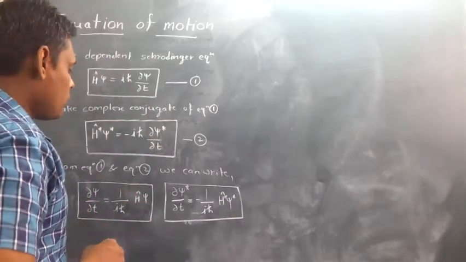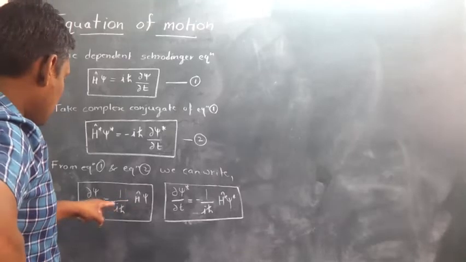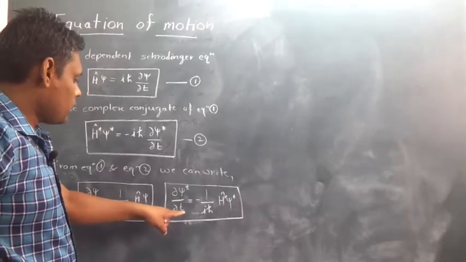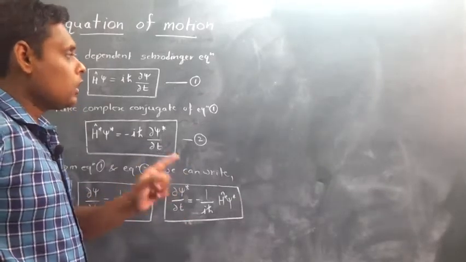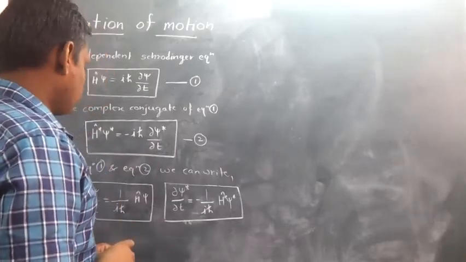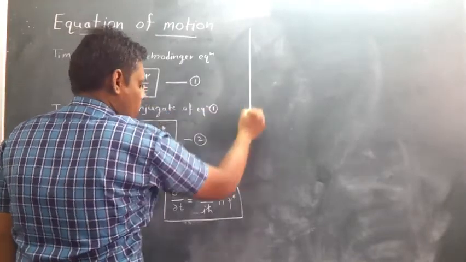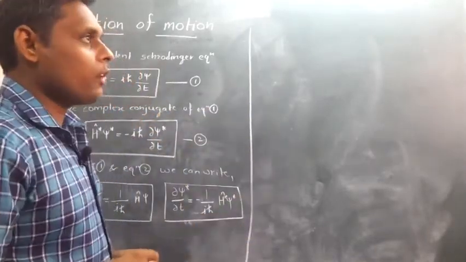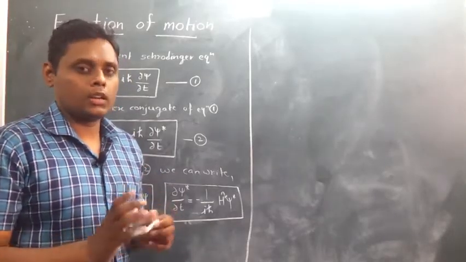Why are we evaluating delta psi upon delta t and delta psi star upon delta t? Because we have to use these for deriving the equation of motion. The next step is to choose an observable A and take the expectation value of it.